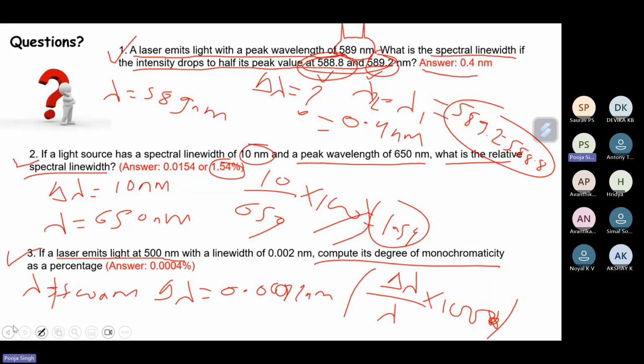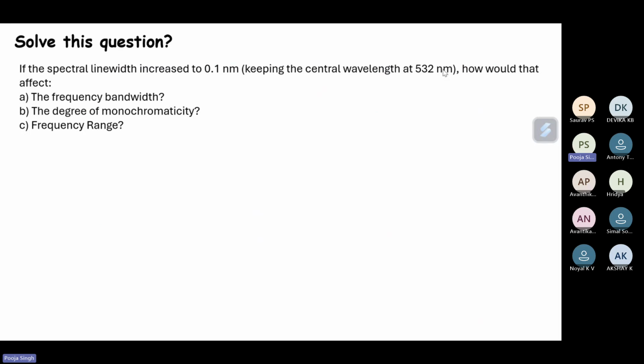Okay. So the next question is a little bit long, but it will cover all the formulas. Let's read this one. I think you should solve this. Here I have not written the answer also. You should tell me.